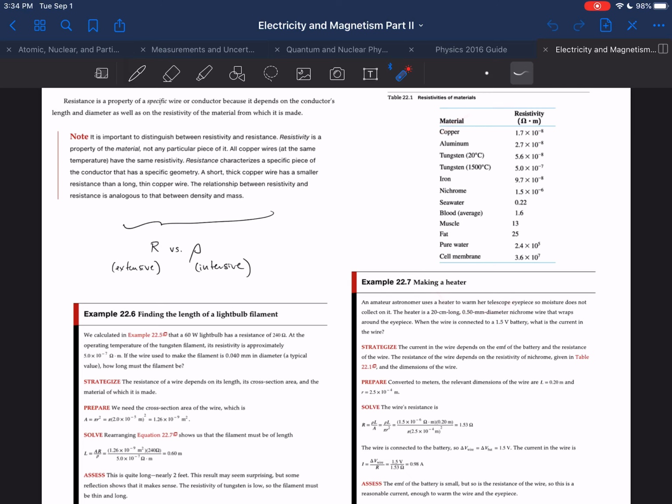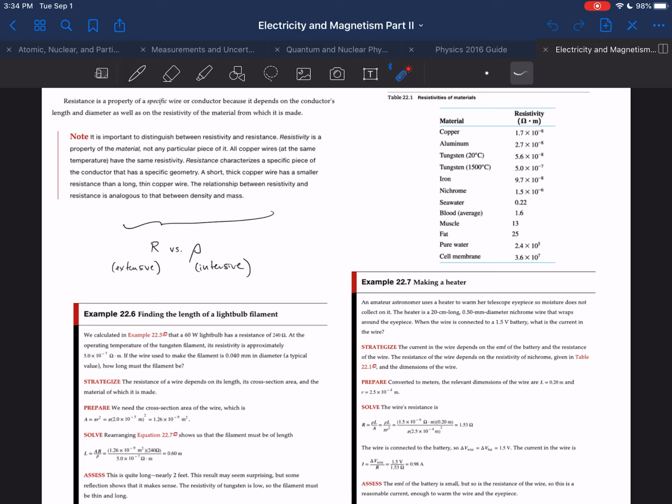Some example resistivities are given here. They cross an absolutely enormous range. And you can see that there is a huge difference between the resistivity of pure water, for example, and the resistivity of copper. Unsurprisingly, copper has a very, very low resistivity because there are a lot of free charges to carry charge through it. Notice that metals change their resistivity, and tungsten can change its resistivity when the temperature changes, and it does so pretty dramatically.